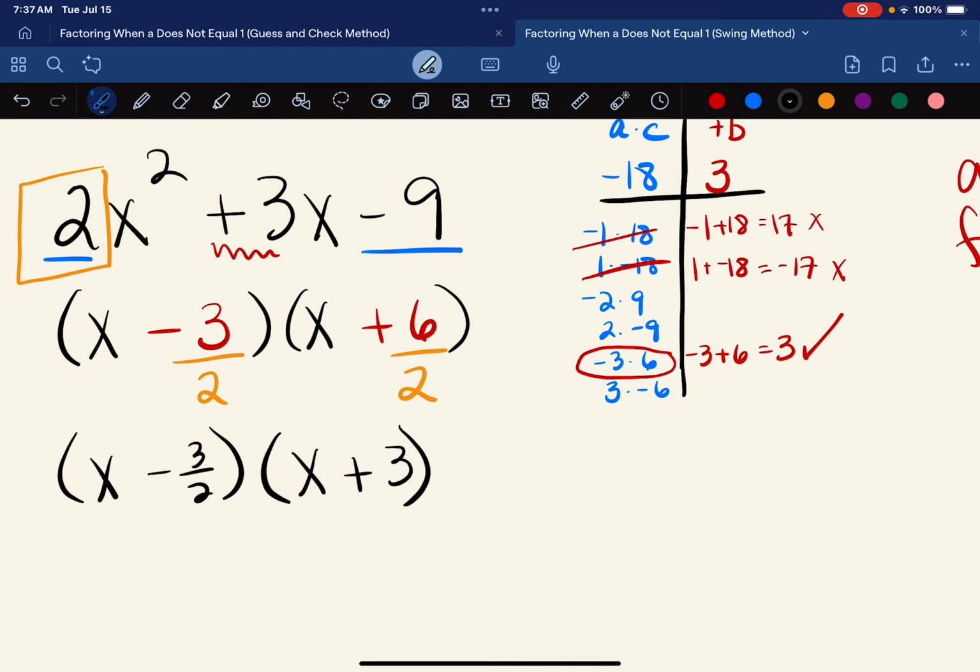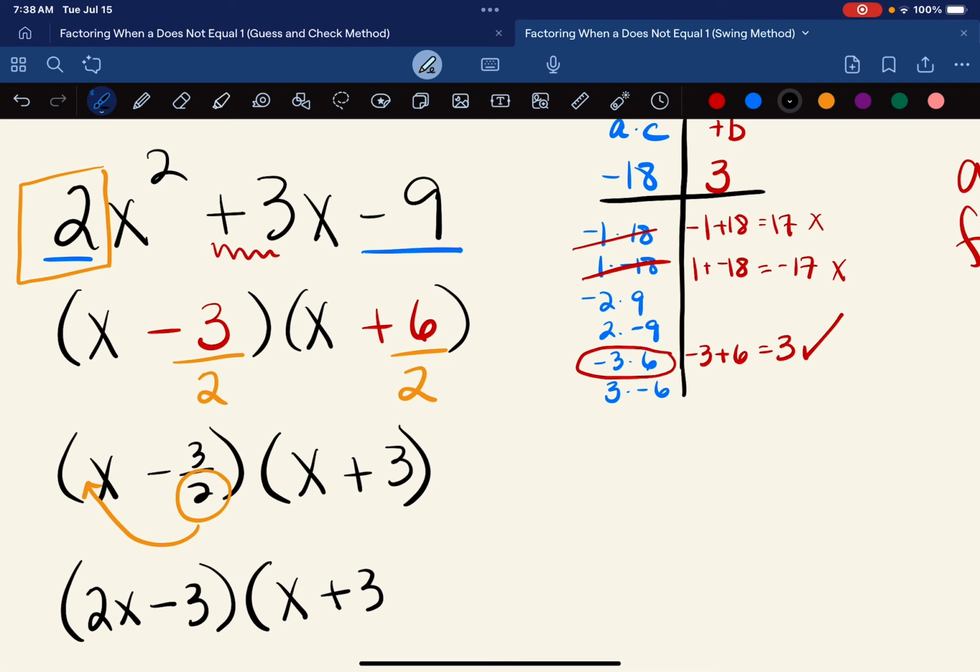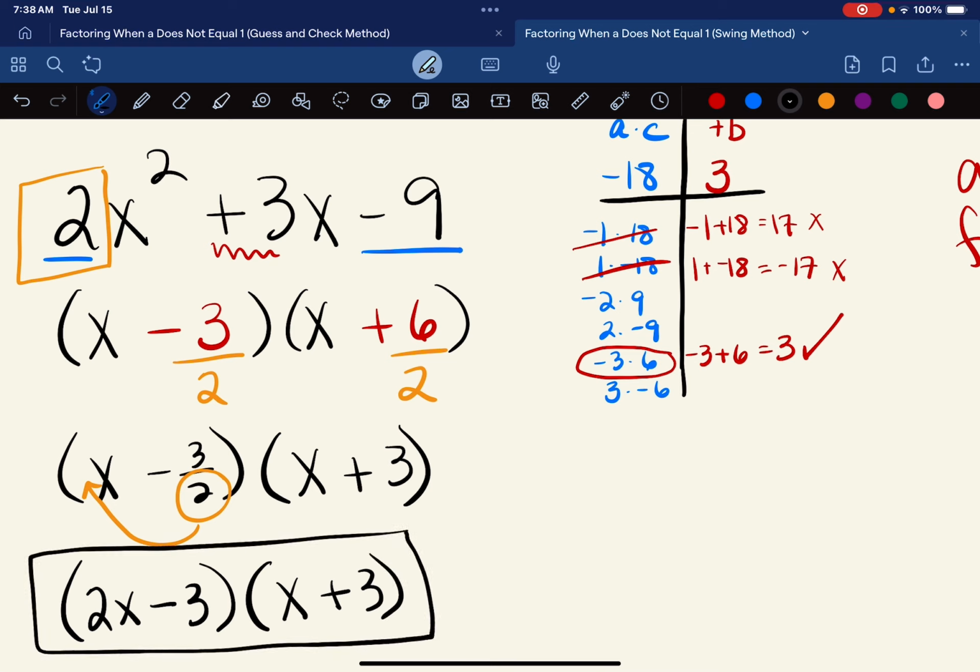Now we don't want to have any factors with fractions in them, so anytime you see a denominator, we are going to swing it to the front. So this 2, that's my denominator, swings to the front. And our binomial factors end up being 2x minus 3 times x plus 3. And that is how you factor using the swing method.